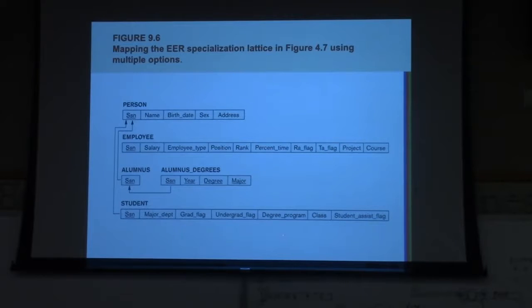Student assistant has the RA flag and TA flag along with the project and course. The last one, yes, the last one. So undergraduate student and the graduate student. In employee, the last 4 columns: research assistant flag and teaching assistant flag. The project and course belong to those two.